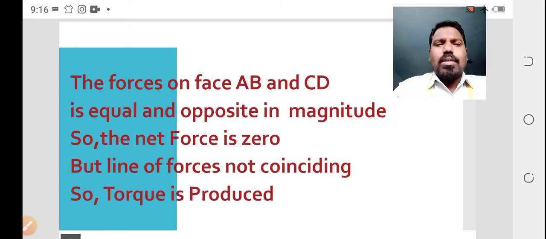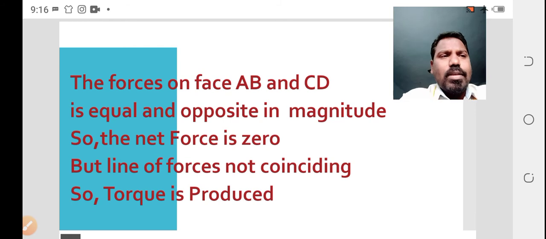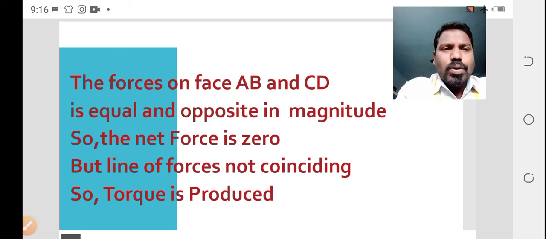Because of this, a torque is produced in the loop ABCD when the lines of forces are not coinciding.